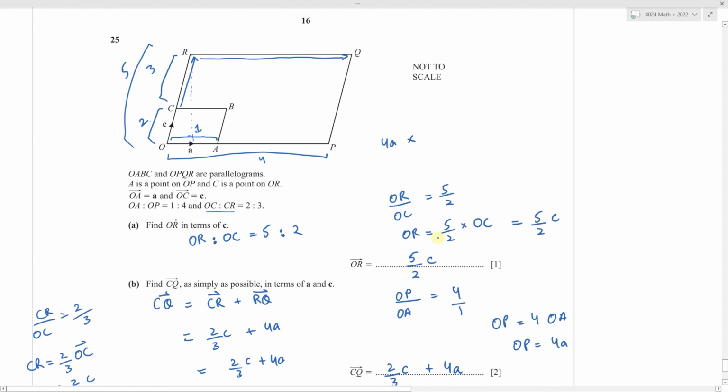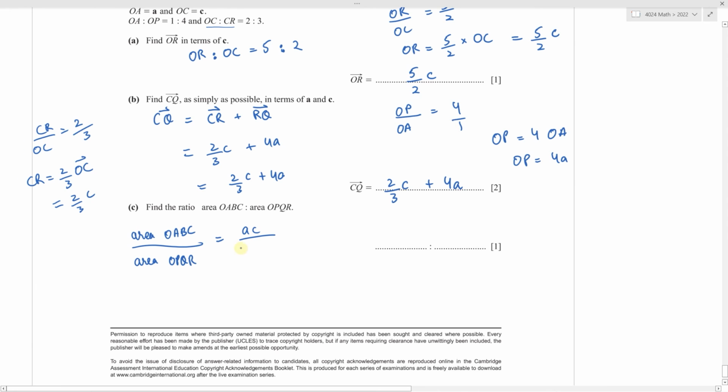OR was 5 by 2 C. So 4A times 5 by 2 C. 2 times 1, 2 times 2, 5 twos are 10. 10 AC, AC and AC cancel out. So 1 over 10 is the ratio area of OABC over area of OPQR. So 1:10. So this was the last question of this paper.